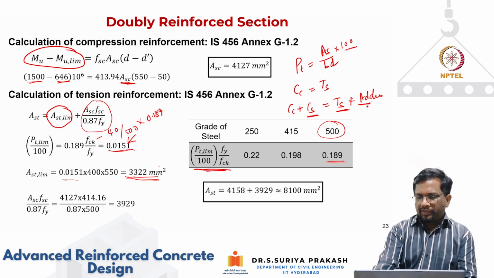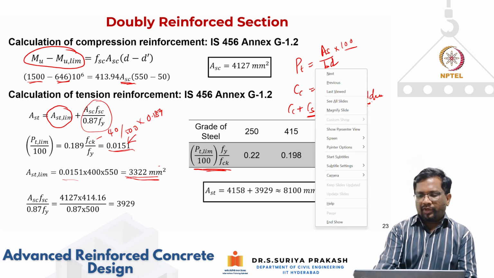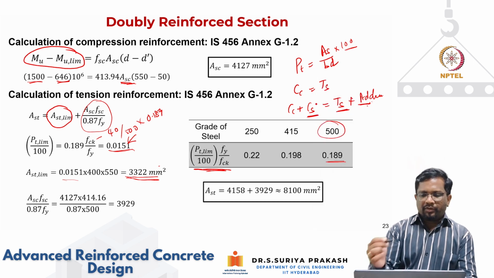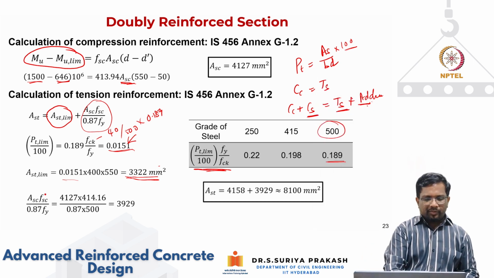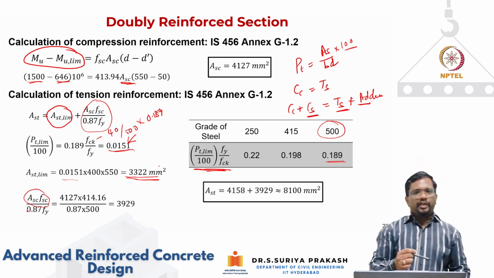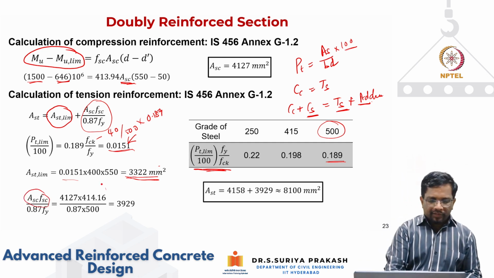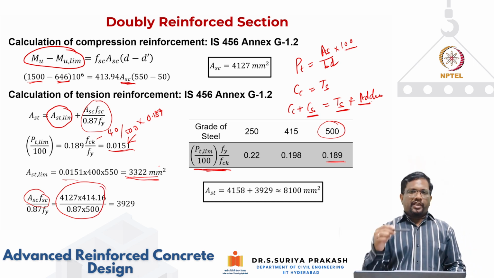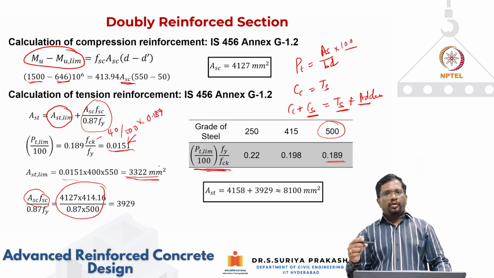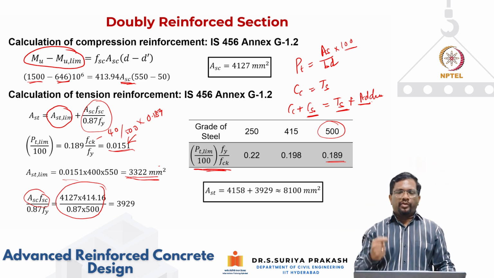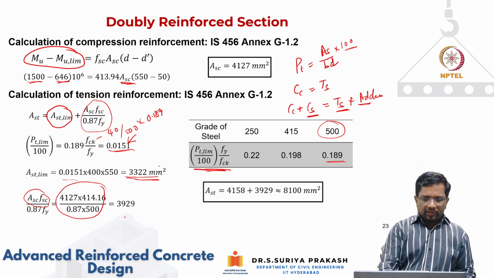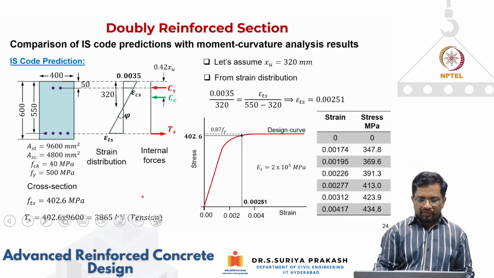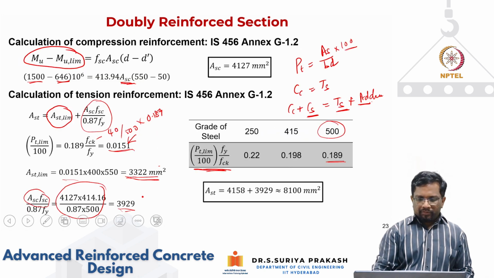So AST multiplied by 0.87 Fy should be equal to CS, where CS is ASC multiplied by FSC. When I divide by 0.87 Fy, this is the amount of additional steel that is required to satisfy the force equilibrium of compression force coming from your compression steel, right? Then when you do that, you get 3929 millimeter square.